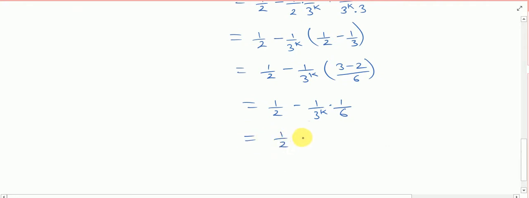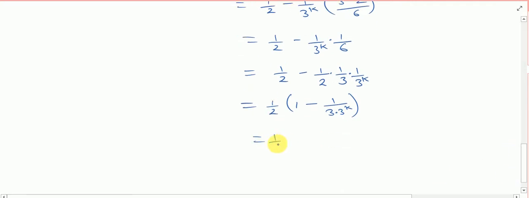Now next you can write 1/2 − 1/2 into 1/3 into 1/3^k. So this 1/6 I have written as 1/2 into 1/3, same thing. Now in these two terms you can see 1/2 is common, so I get 1/2 times 1 − 1/(3 into 3^k). So I will get 1/2 (1 − 1/3^(k+1)), because the base is the same, so the powers will be added.